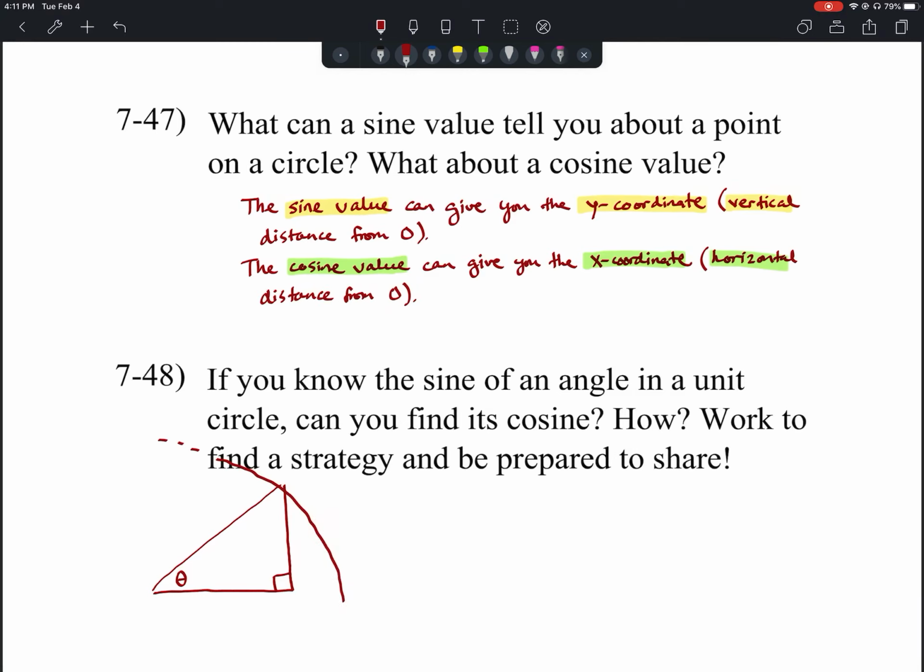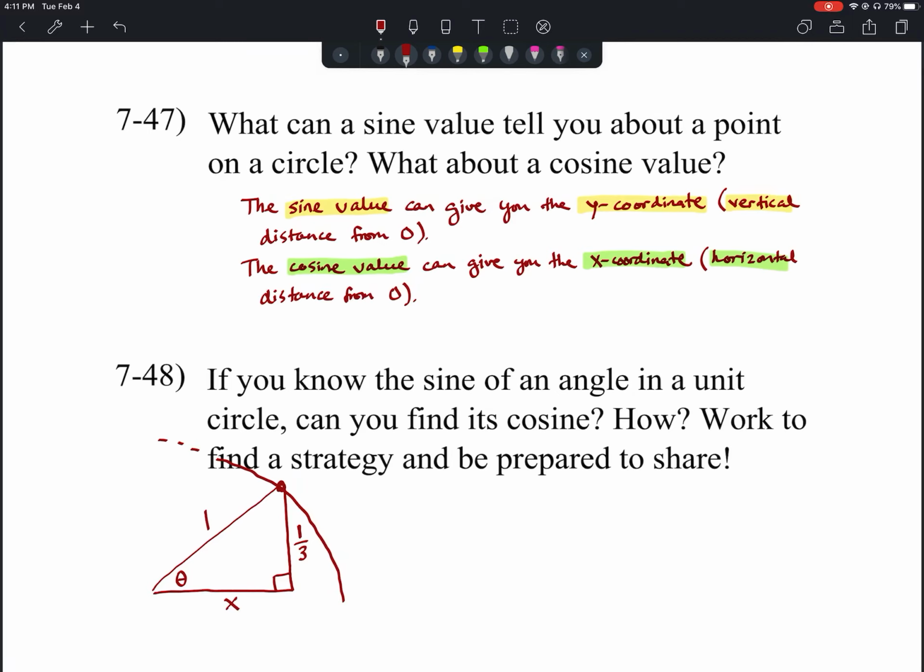We're putting it on there. Let's say our sine value for this angle was, I don't know, let's say 1/3, right? So if it was 1/3, they're asking us, how could we figure out what x is going to be on the unit circle?